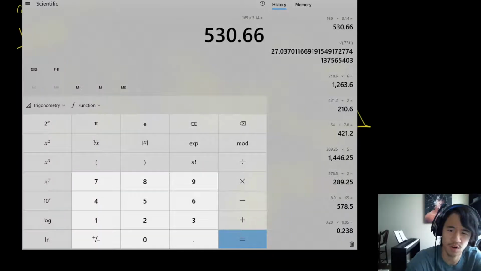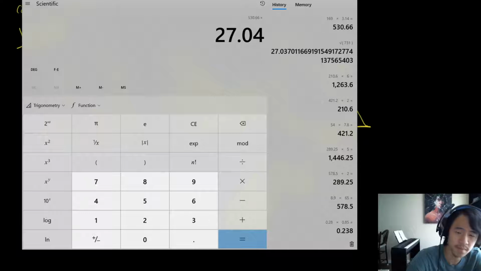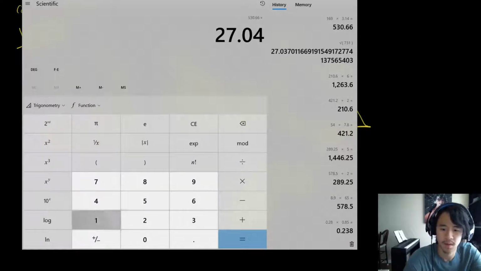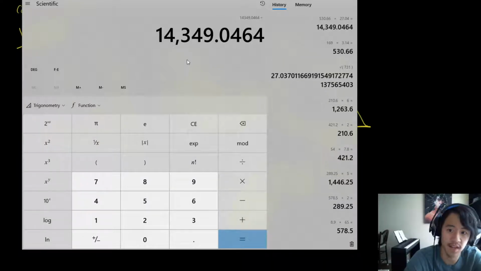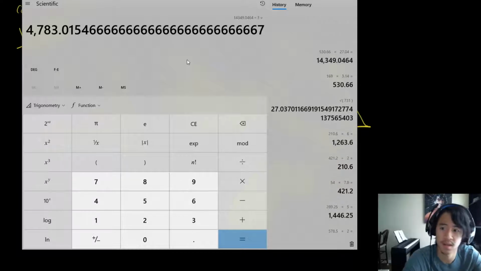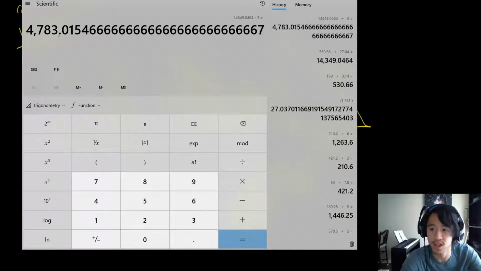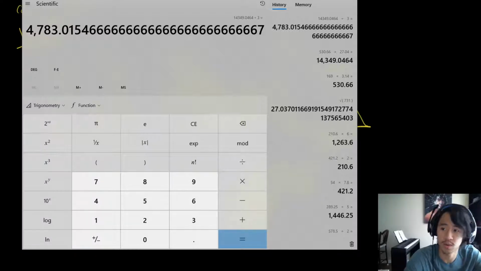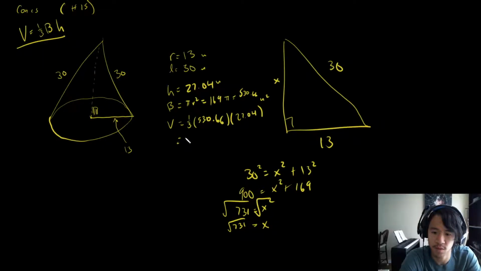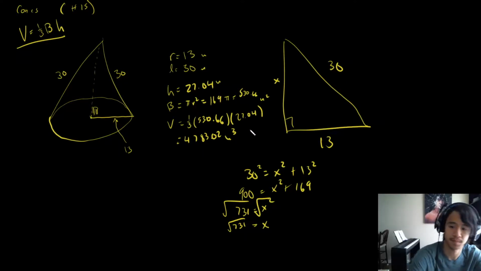We're going to multiply 530.66 by 27.04, and then divide this by 3. So we are left with 4,783.02 units cubed. All right, and that's going to be the answer for this one. Let's go ahead and move on to the next one.